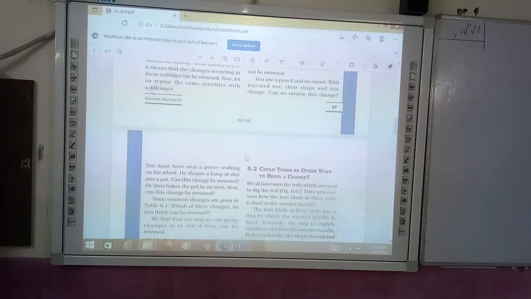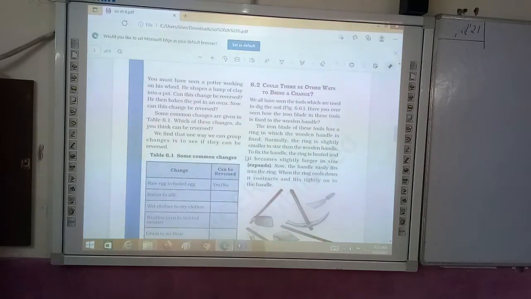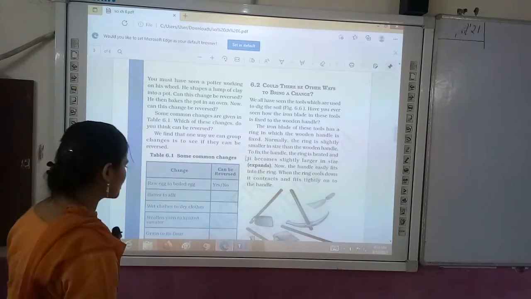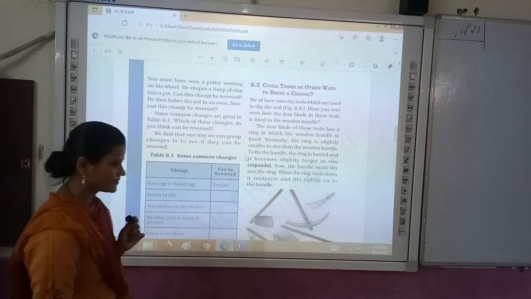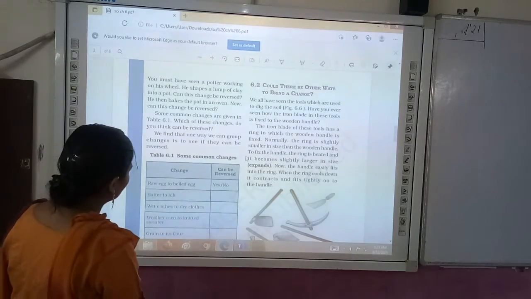You cannot reverse it. You must have seen a potter working on his wheel. ठीक है? आपने potter को देखा. potter कौन होता है? Who is potter? Who makes pots?